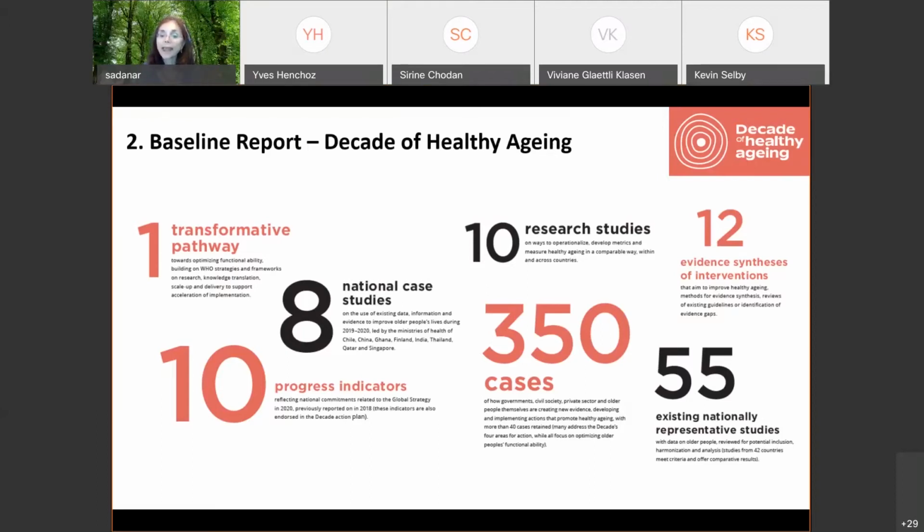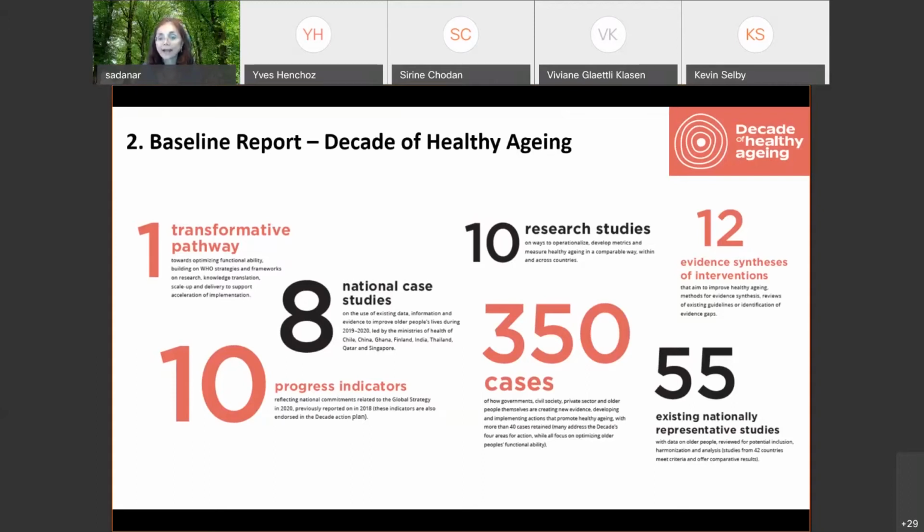We had them collect examples from all countries that showed what is being done to address the needs and rights of older adults, from a range of pilot studies to national programs. And through a rigorous process of peer review, we selected about 40 that are highlighted in the report.